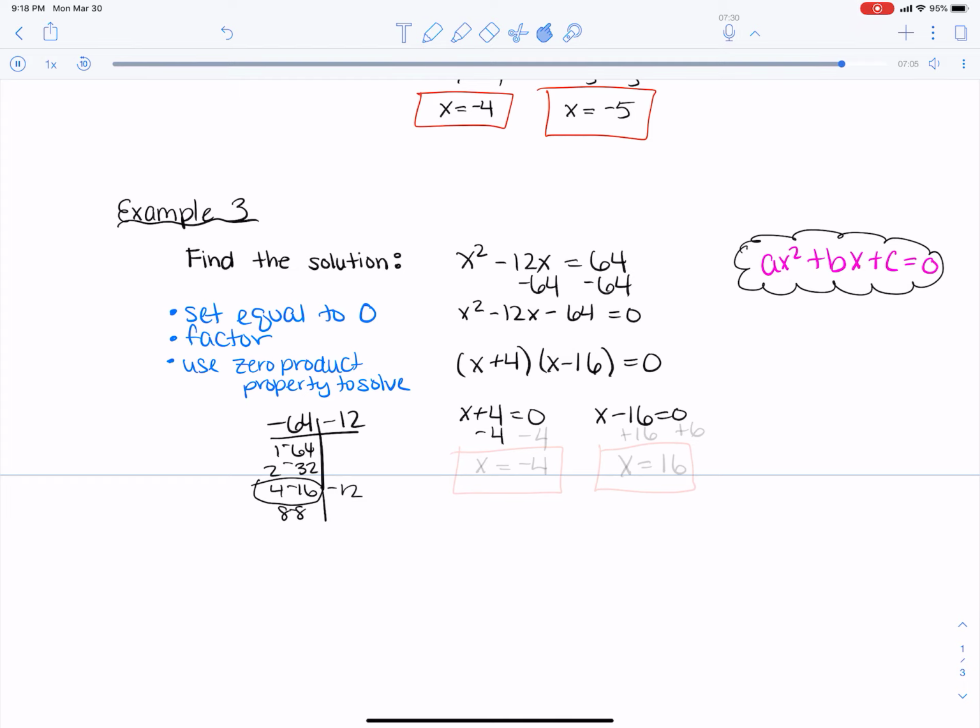And then we're just going to solve for both. So subtract 4 from both sides, we get x equals negative 4. And then on the right, I'm going to add 16 to both sides. So we get x equals positive 16. So our solutions for this are x equals negative 4 and x equals 16. Both of those are solutions, so you have to make sure that you write them both out.